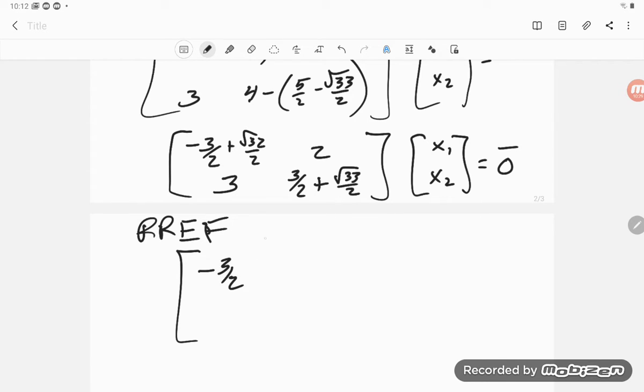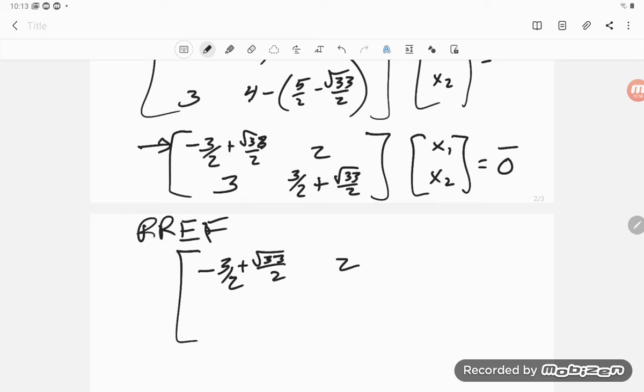So now I want to go through my row reduction process on the matrix, and so I'll have minus 3/2 plus the square root of 33 over 2, and 2. Now what I want to do is multiply through the bottom by the negative of what I have there, and multiply through the top by 3. That's how I'm going to do this.